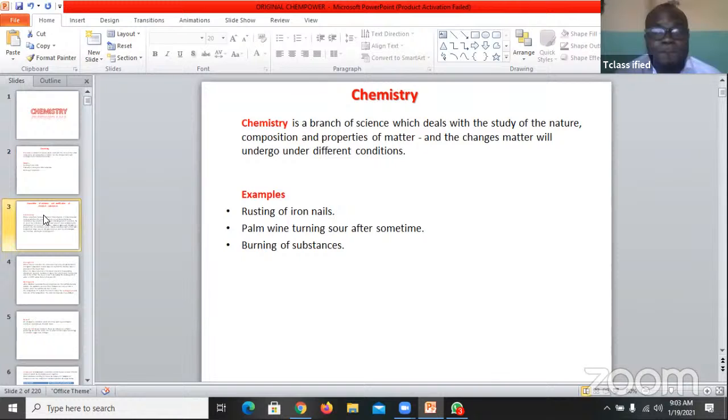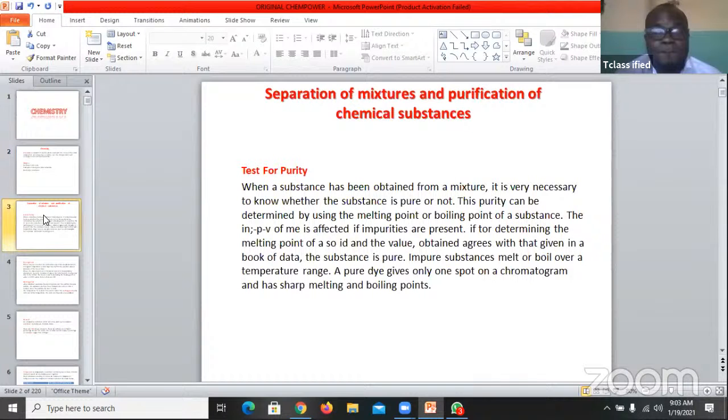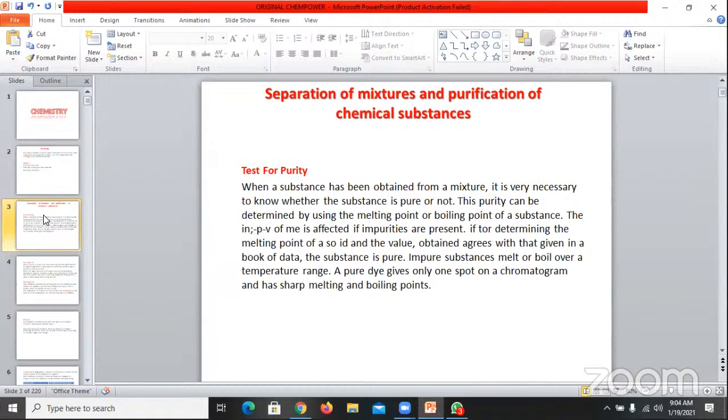So, test for purity. When a substance has been obtained from a mixture, it is very necessary to know whether the substance is pure or not. So, purity can be determined using melting point or boiling point of the substance. If there are impurities, then the substance will not melt at the right melting point.